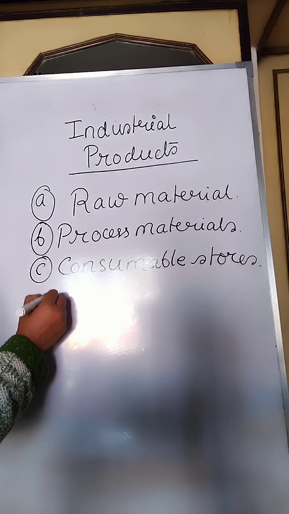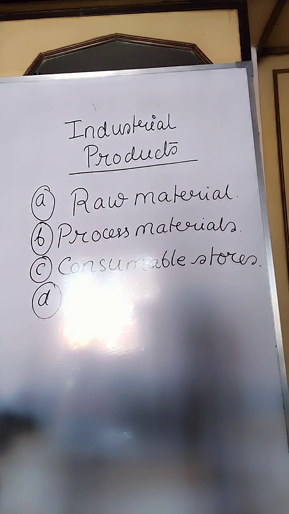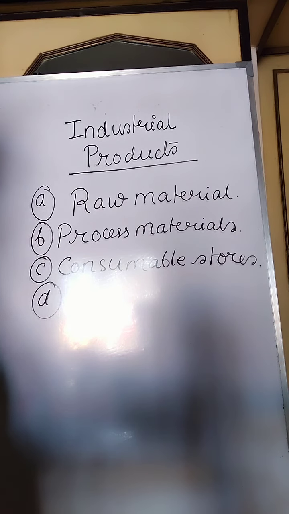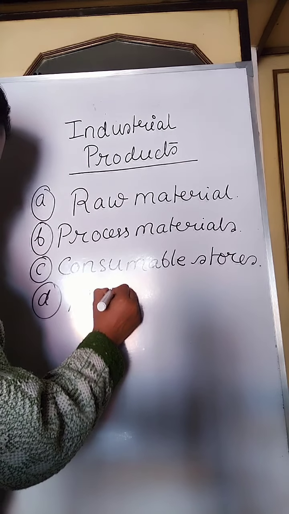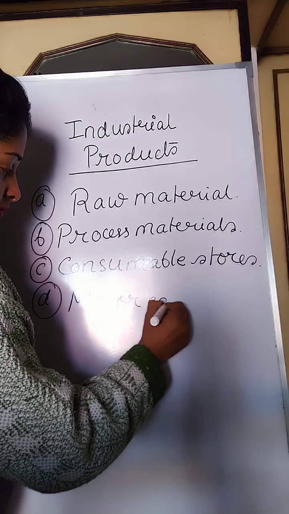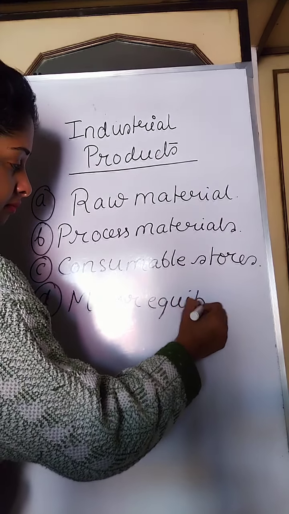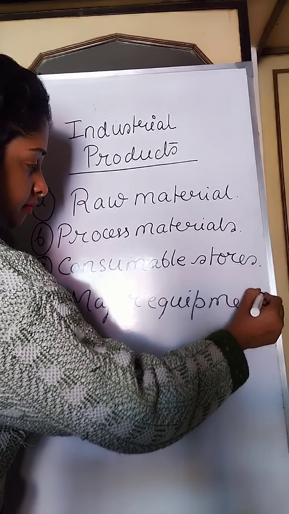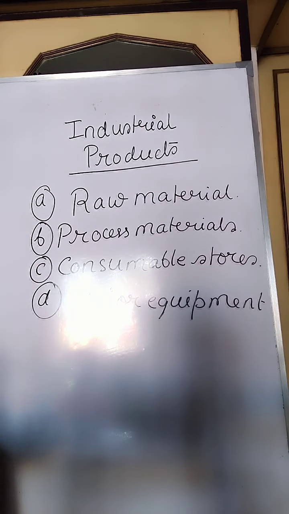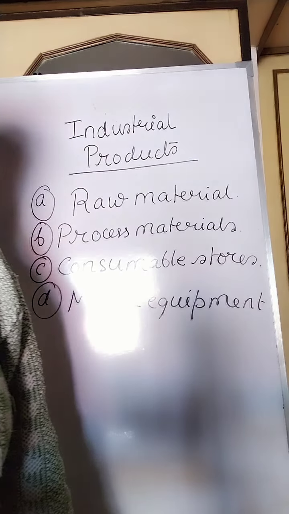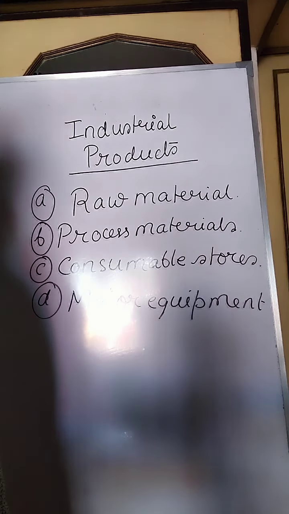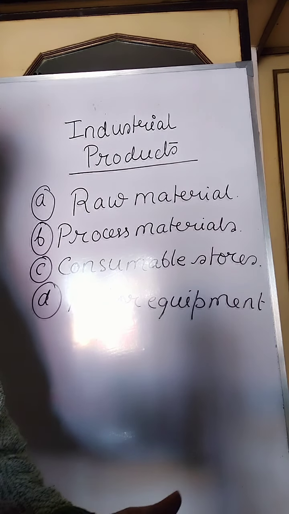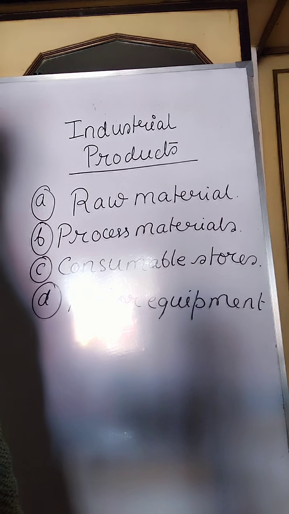Now comes the fourth category, which is major equipment. What is major equipment? These equipment include large tools and machines such as cranes, stamping machines, etc., used for production purposes.